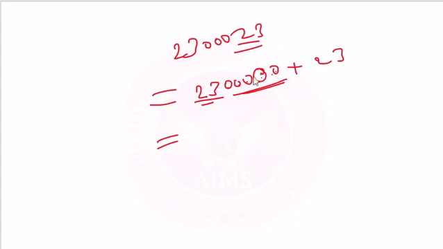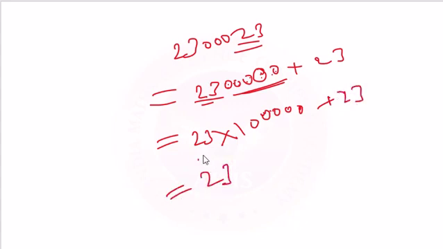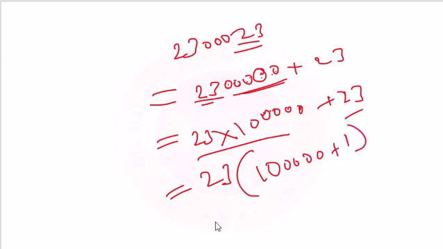5 zeros means ones, tens, hundreds, thousands, ten thousands, so we can write it as 23 into 1 lakh plus 23. This is one term, this is one term. We can take 23 common. What is remaining? 1 lakh is remaining, plus 23 went out, 1 is remaining.